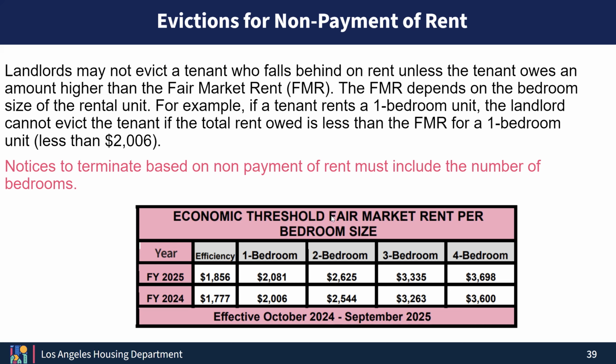If the amount of rent that is owed is less than the fair market value of the unit, according to the bedroom number of the unit, then the owner cannot evict the tenant for an amount less than that. So for example, if you have a one-bedroom unit, the fair market value is $2,081. That's what has been determined by HUD the unit is worth.